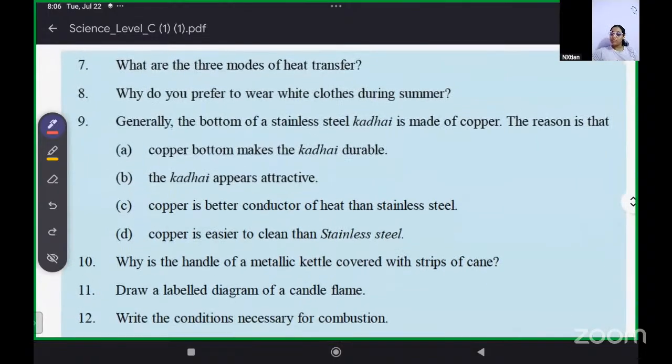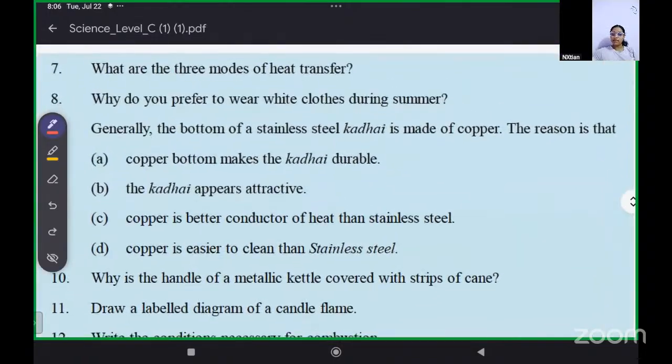What are the three modes of heat transfer? Anna? Ma'am, I'm just thinking about it. Emma, give me one name, one mode of heat transfer.